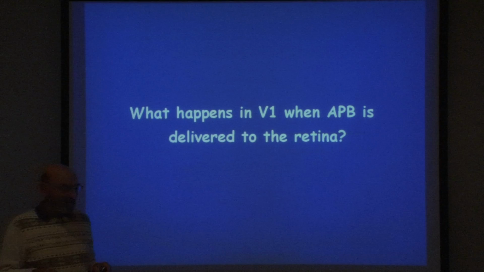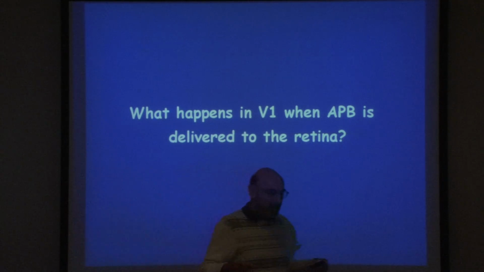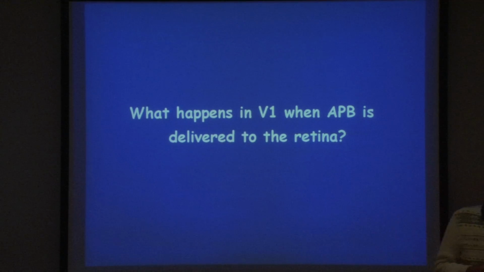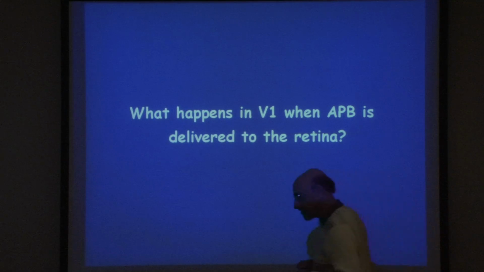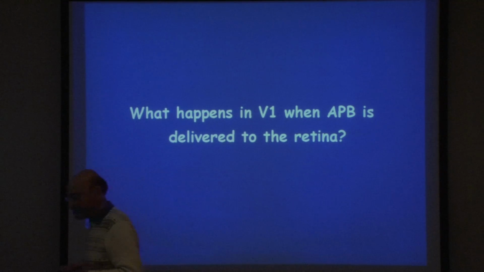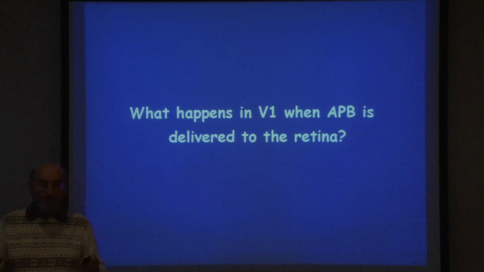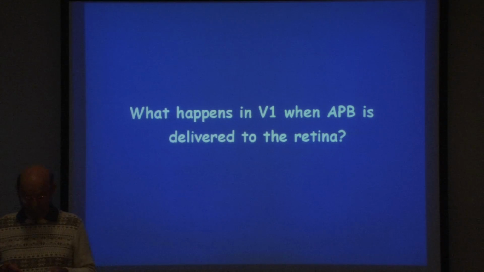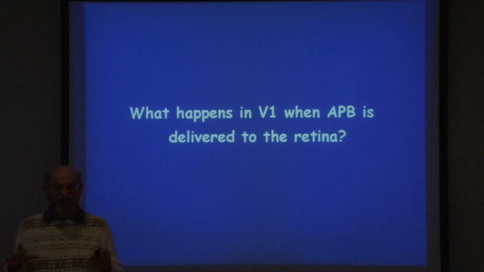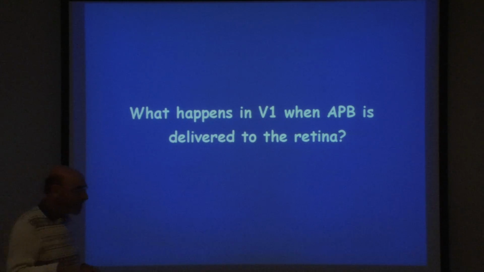The other two we talked about are a convergence of the on and off channels onto single cells in the cortex, and a binocular input to many of the cells. So those were the major transforms we talked about the last time.